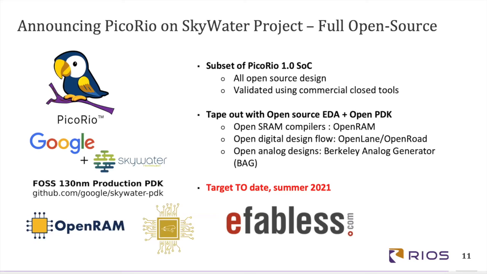So this year we will re-implement the PicoRio by the open source EDA like OpenLANE, OpenROAD. We will compile our SRAM cell using OpenRAM, and then tape out in the summer.